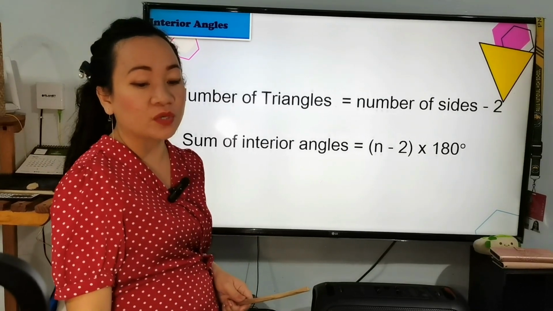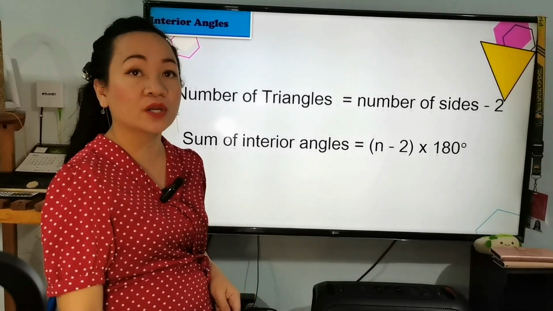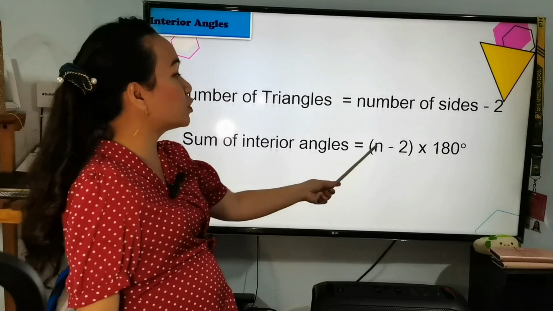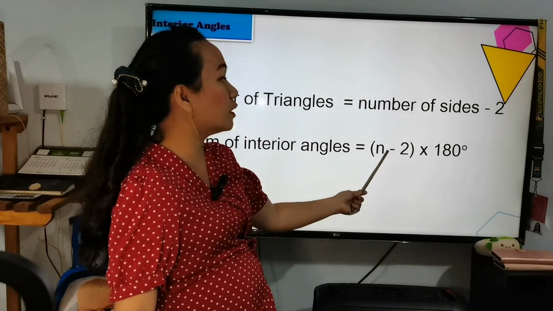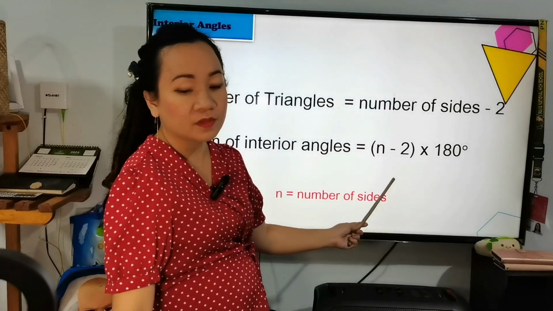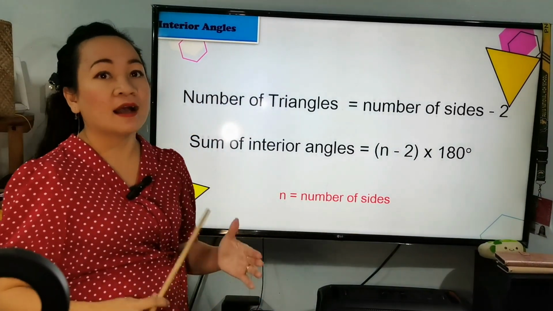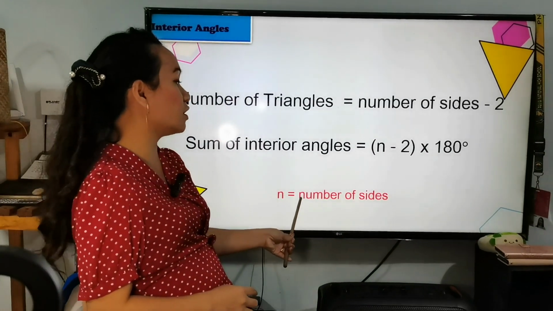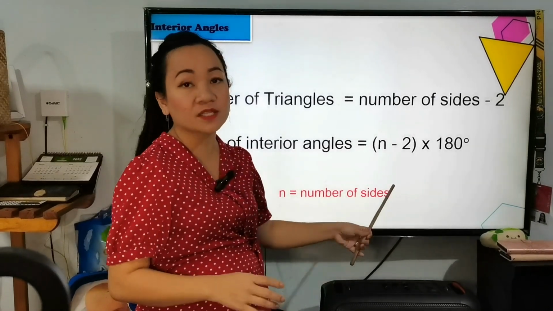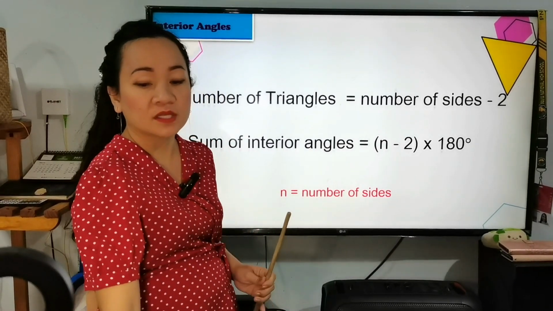Then, to get the sum of the interior angles, you subtract 2 from the number of sides, then multiply it by 180 degrees. Again, when we say n, that refers to the number of sides of our polygon.